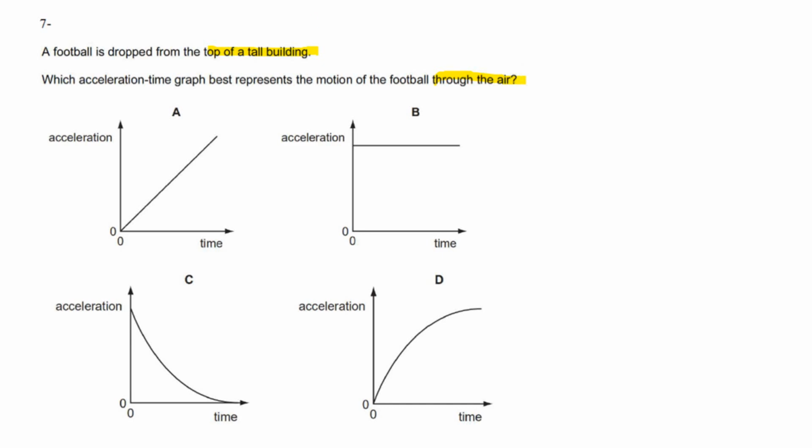Now the next thing we need to understand is that if the building is tall enough and air resistance is not negligible, we can assume the football will finally reach terminal velocity. This is the first thing we need to conclude from the given information.